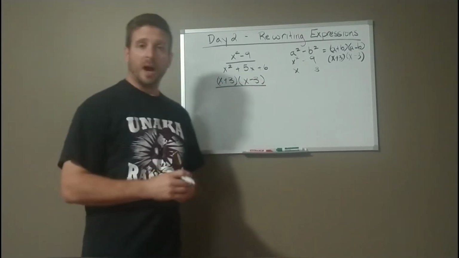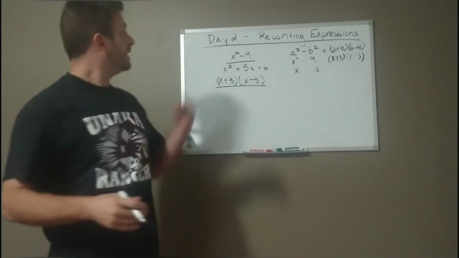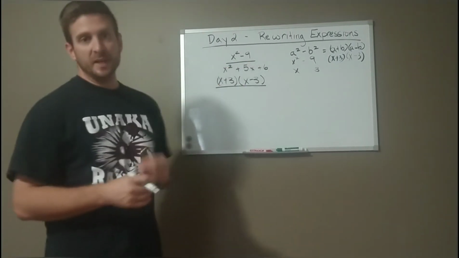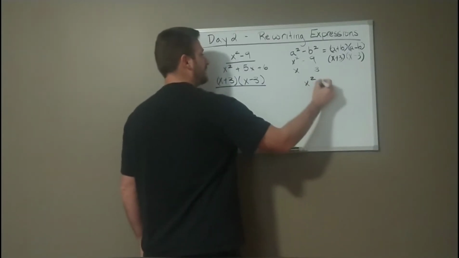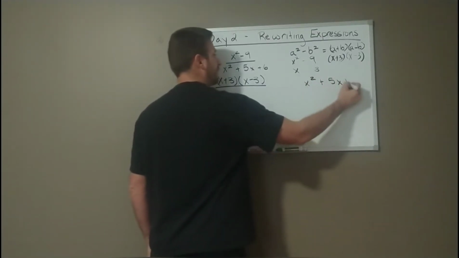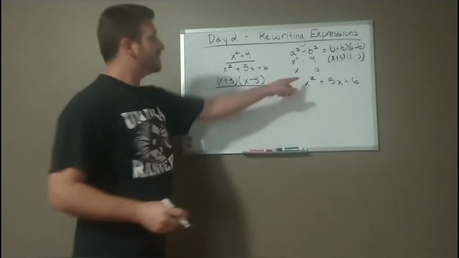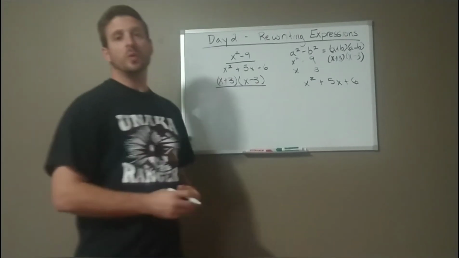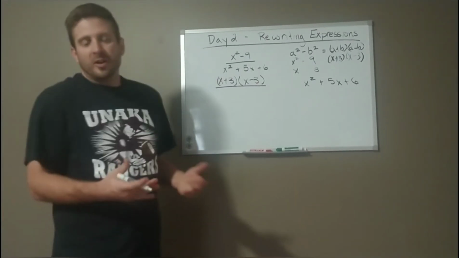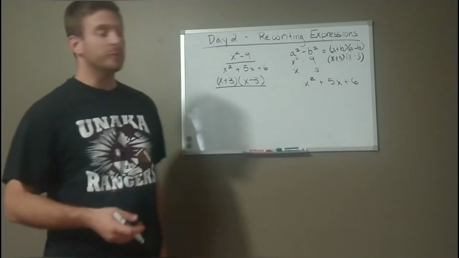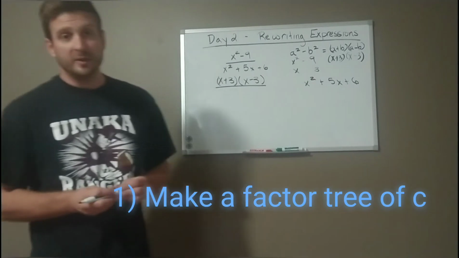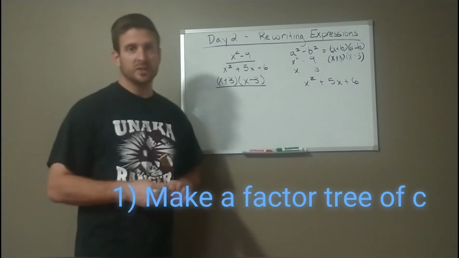In order to factor the bottom, we're going to have to do our steps for x squared plus bx plus c. So in order to factor x squared plus 5x plus 6, since we don't have a number with the x squared, or our number is 1, we are going to make a factor tree of c. The reason we're allowed to do that is because there's not a number with the x squared.